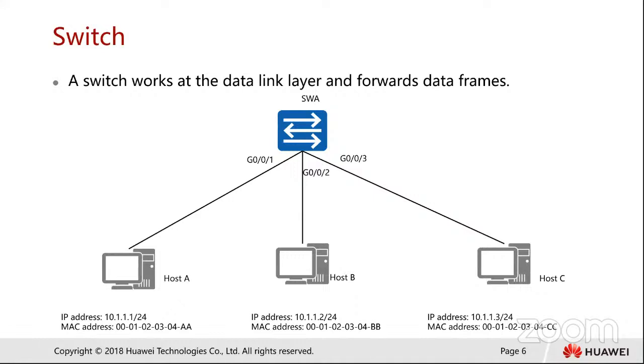For example, in this illustration on the screen, host A, host B, and host C, according to their IP addresses, are in the same network. All these three PCs are linked by this switch, and this switch has a MAC address table that has all the MAC addresses for the hosts in the network.